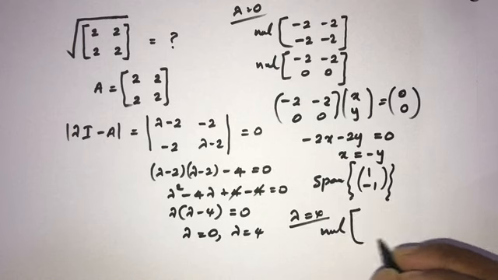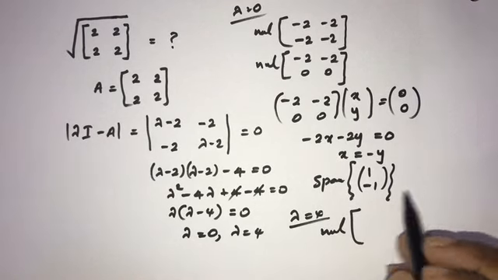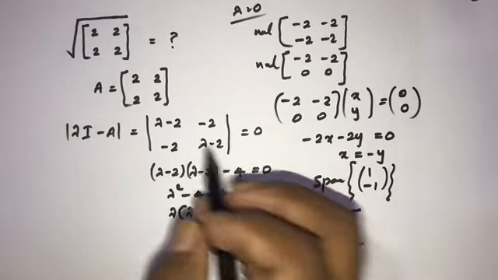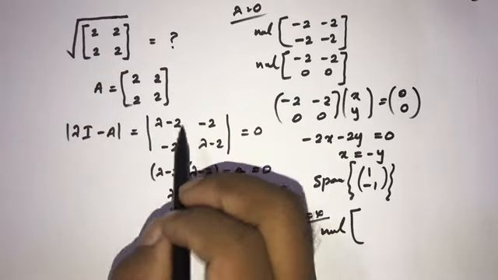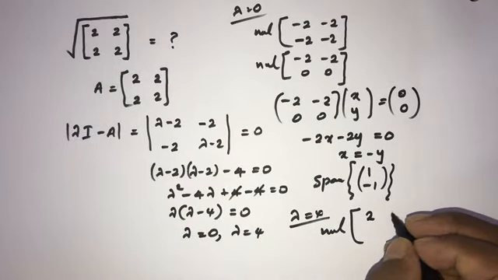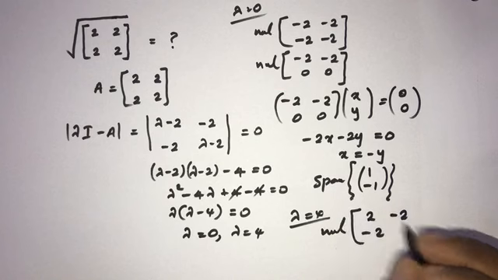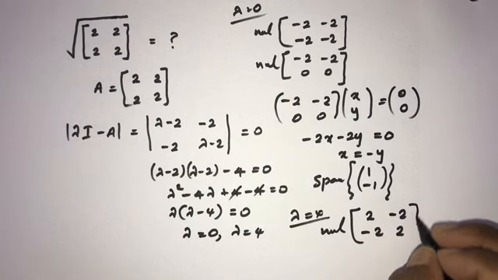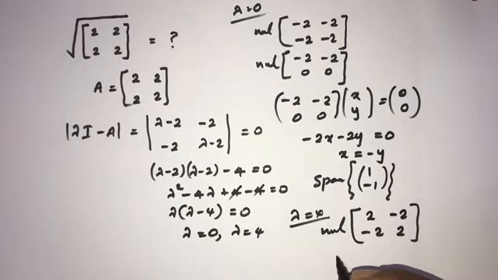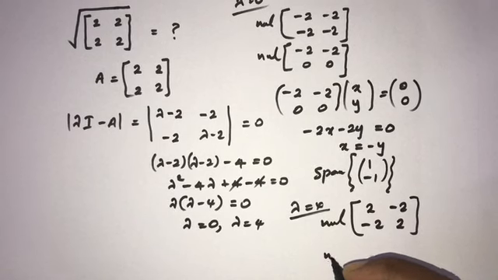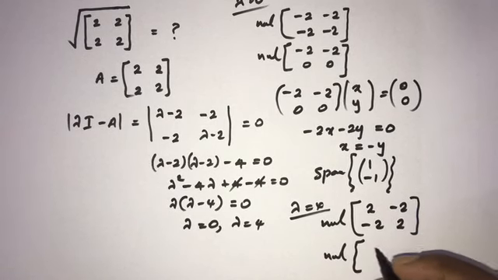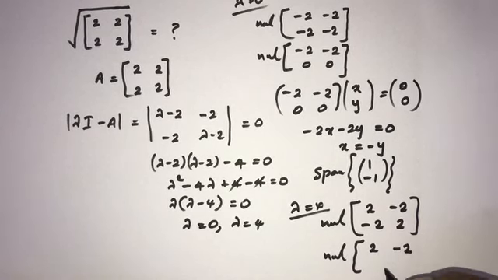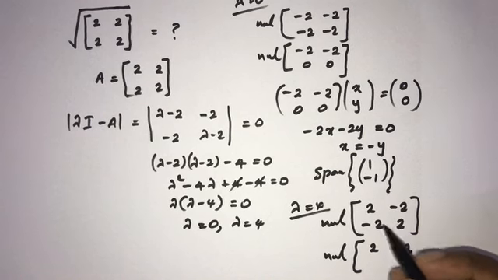Now when lambda is equal to 4, we take the null space of 4 minus 2, so [2 minus 2; minus 2 2]. This is equal to the null space of [2 minus 2] and, if we sum the rows, 0 0.